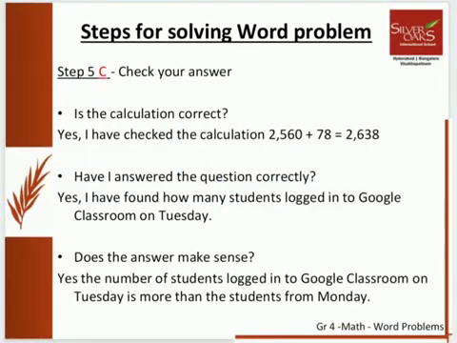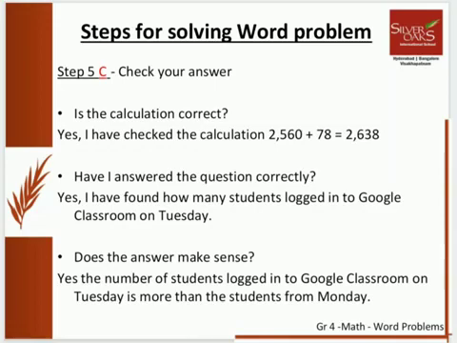Step 5. Check your answer. Is the calculation correct? Yes, I have checked the calculation of 2560 plus 78 is equal to 2638. Have I answered the question correctly? Yes, I have found how many students logged into Google Classroom on Tuesday.